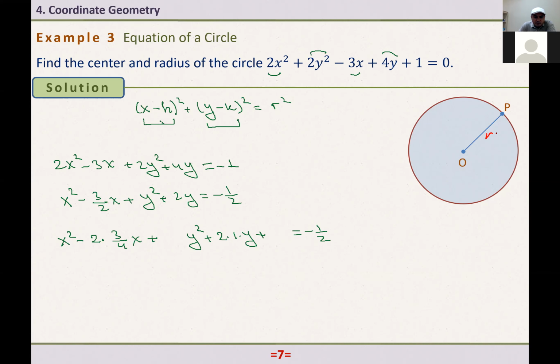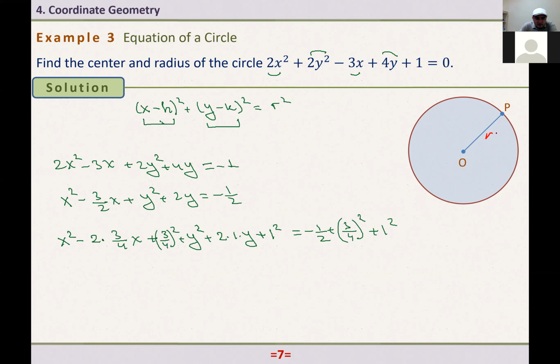So I add 3 over 4 squared to both sides. And how about for the y expression? We have 2 in the formula and y squared, so we need 1 squared. So I add 1 squared to both sides.